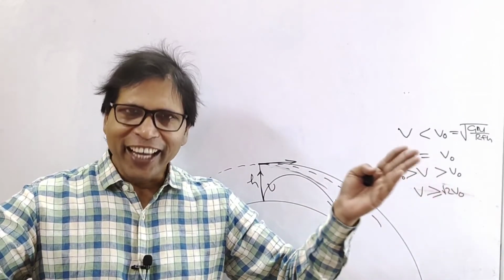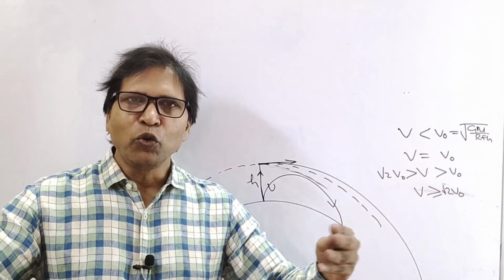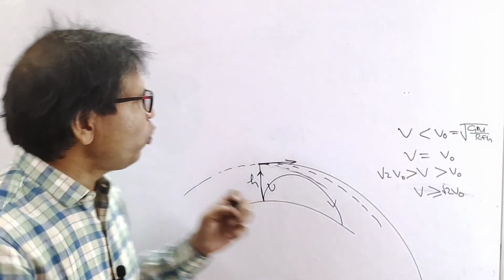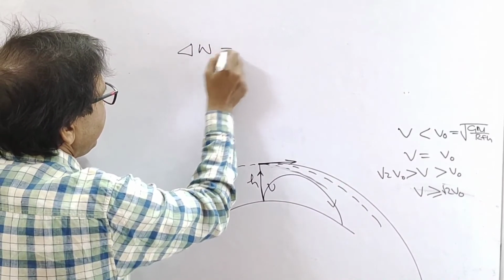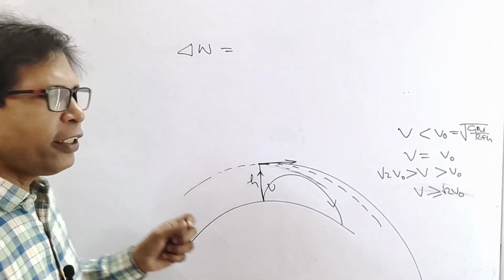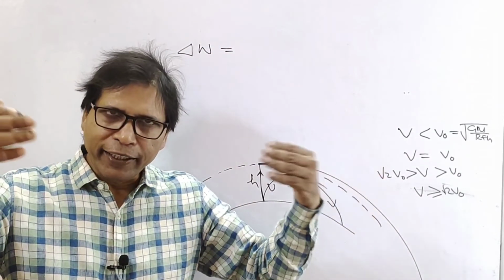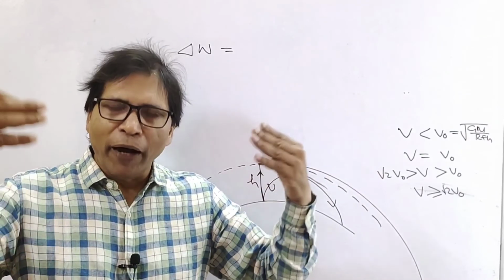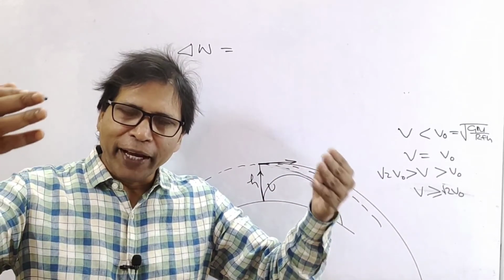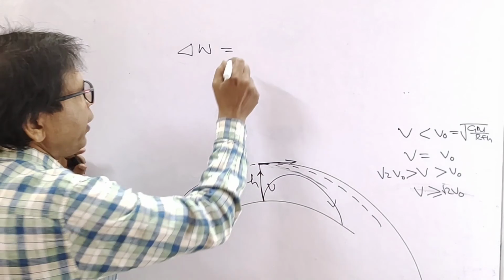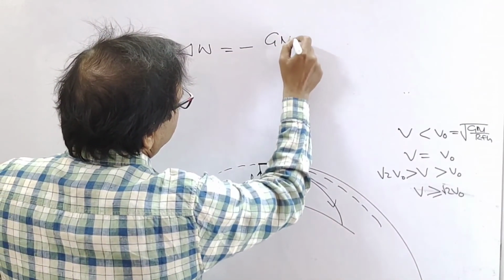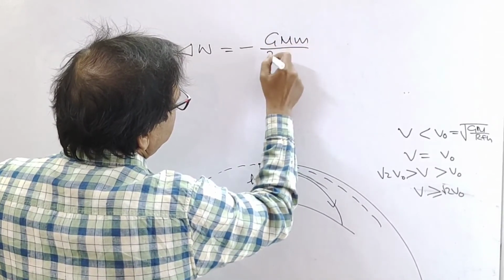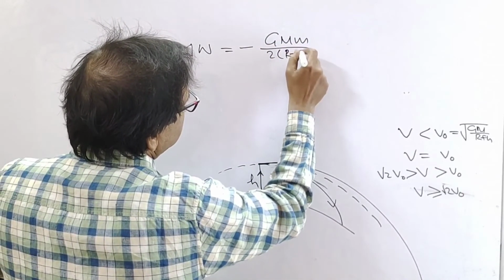Okay, now energy needed to launch a satellite. The energy needed to launch a satellite, delta W, is the final energy minus initial energy. Now final energy means the mechanical energy. So mechanical energy at the altitude h is GMm divided by 2 into r plus h.